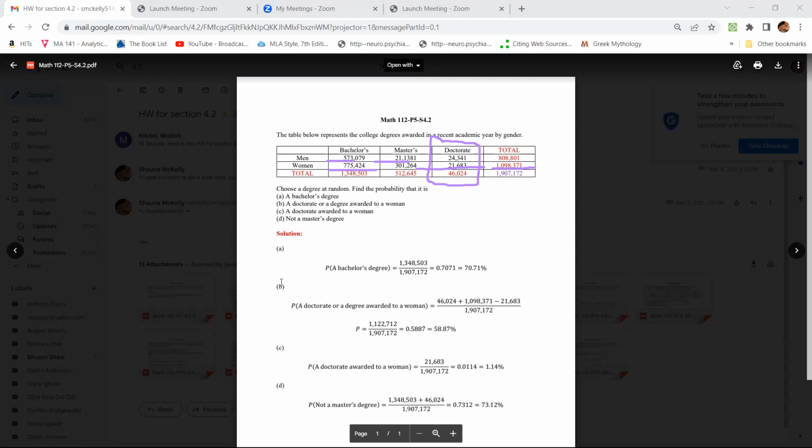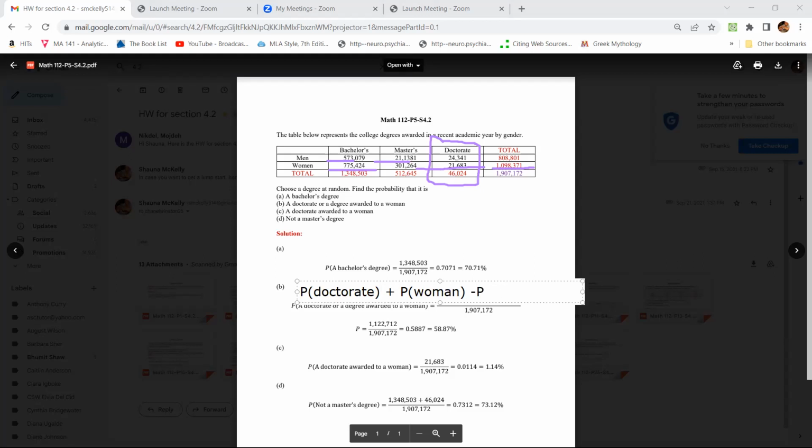So what we have to do is, I'll write it on the screen. What we're actually doing here is looking at the probability of having a doctorate plus the probability of being awarded to a woman minus the probability of both together.